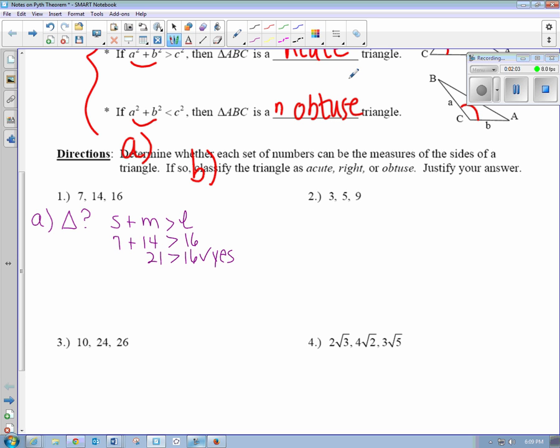If I'm classifying what kind it is, it means I take the a squared plus the b squared, and I see how it's related to c squared. Are they really equal? So is 7 squared plus 14 squared equal to 16 squared? So I have a little math to do here.